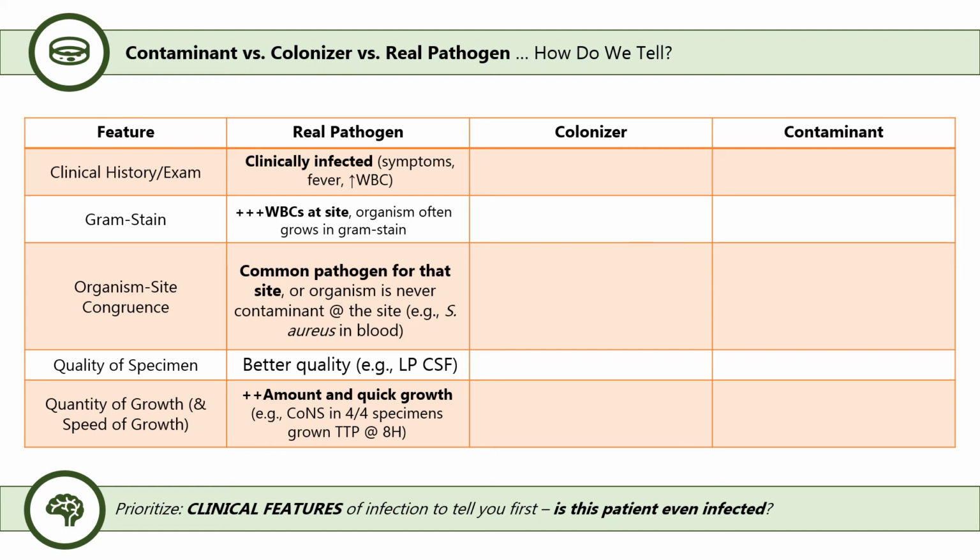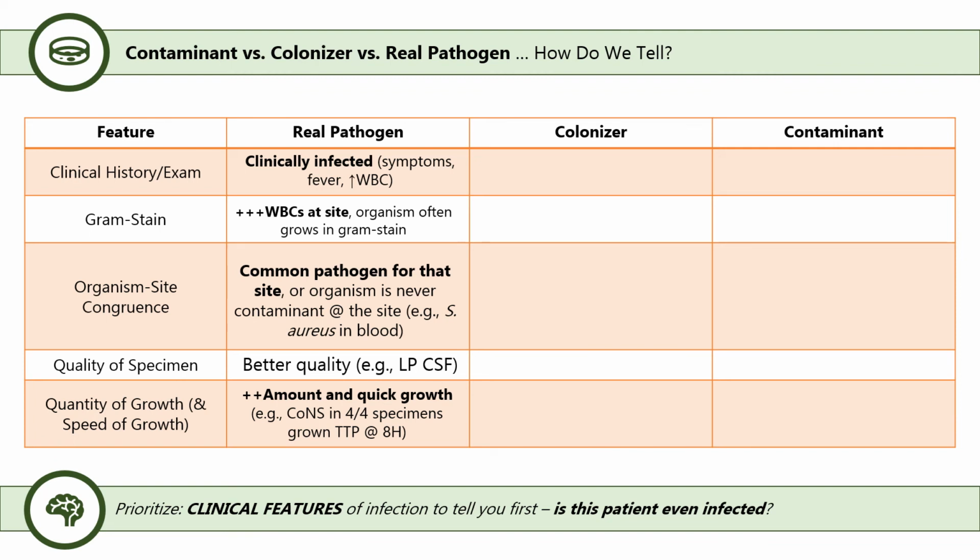But if I saw coagulase negative Staphylococcus in 4 out of 4 collected specimens, so in every specimen collected, and the time to positivity was only 8 hours, I would consider that fast speed of growth and a large quantity of growth, or high-grade bacteremia, increasing the chance that I consider this to be a real pathogen. Remember, not one cell in this table will help me decide if it's a real pathogen or not. It's a gestalt of all of these factors taken together.